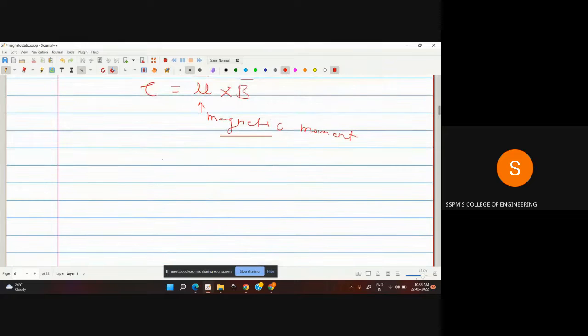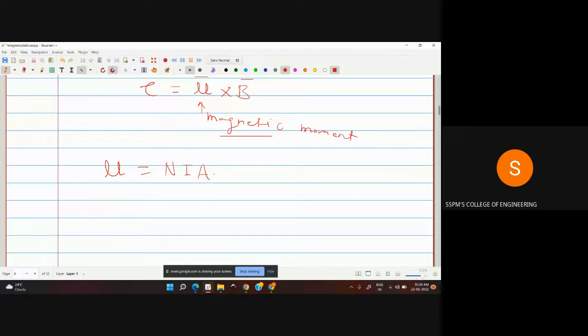And magnetic moment is a product of the number of turns of the coil, there is a coil in the galvanometer, into the current flowing through the coil and the cross-sectional area of the coil, NIA, isn't it?